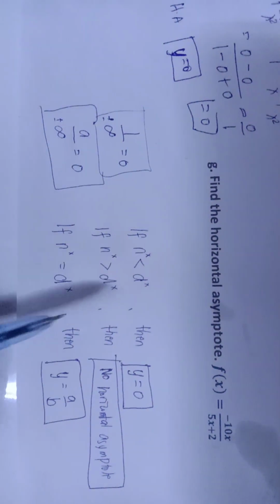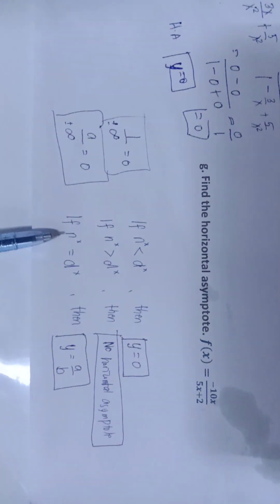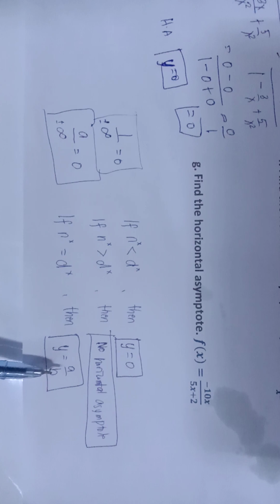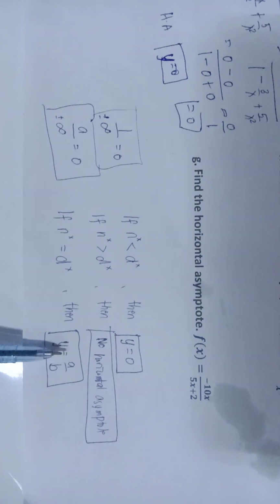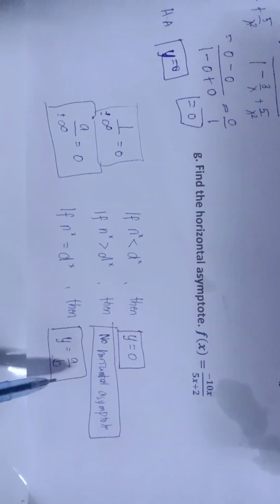So that means, if the degree of your numerator is equal to the degree of your denominator, then your horizontal asymptote is y is equal to a over b. We just look at the leading terms or leading coefficients of our function.